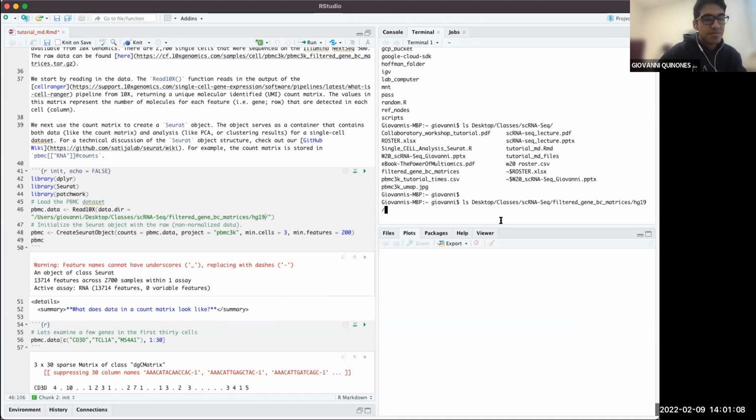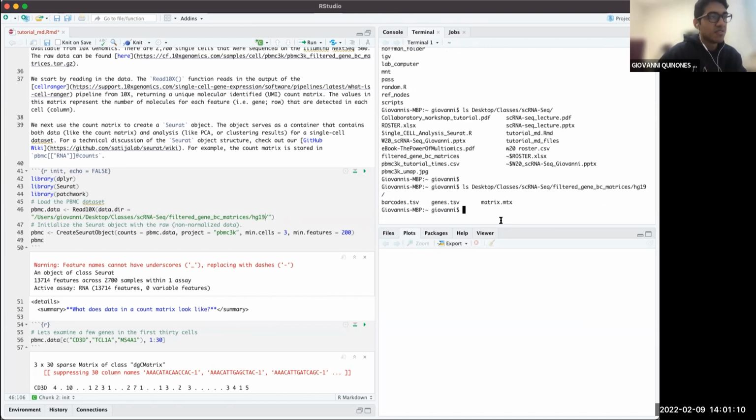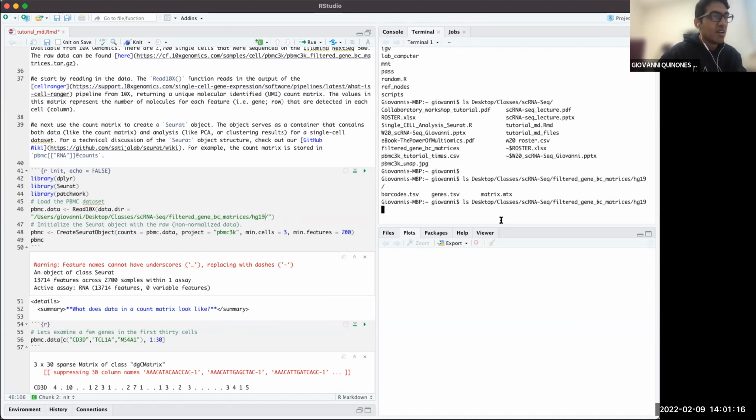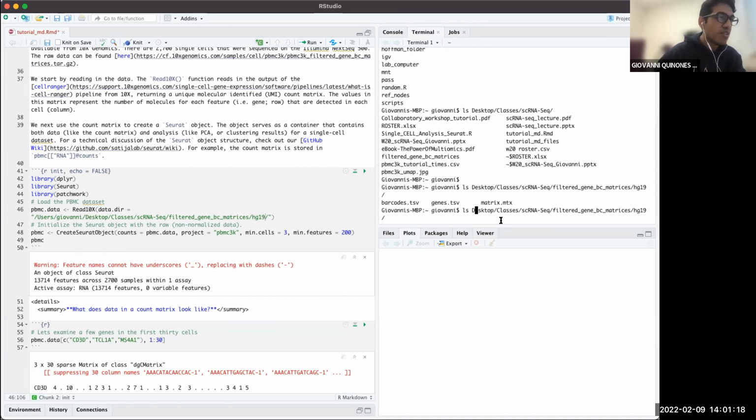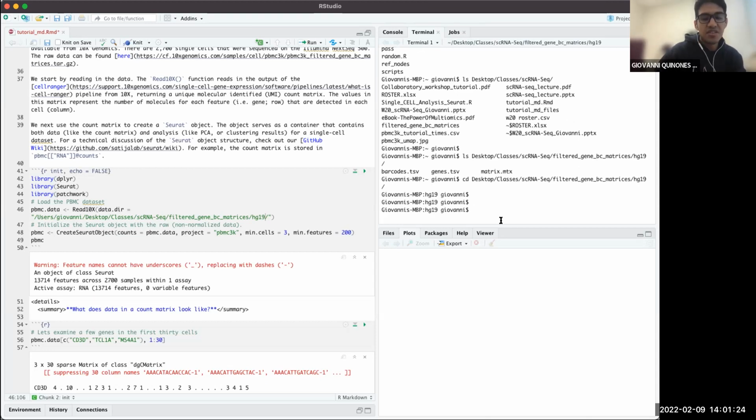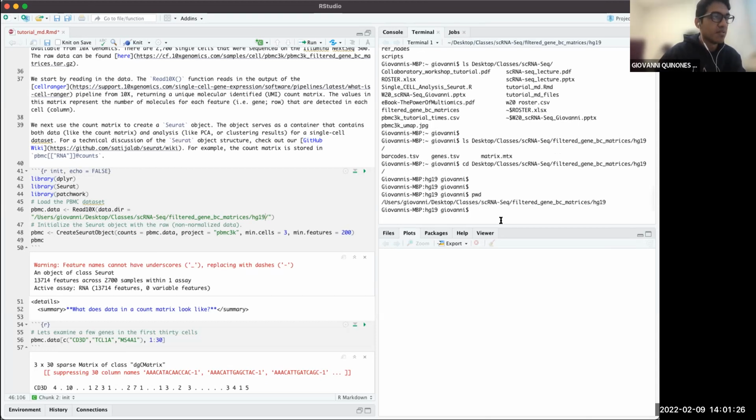Right, so this is a folder. Once you find the folder where you saved the files, one way to do it is to move to that folder with the cd command, and then you just type pwd, which shows you the entire path up to your current location.